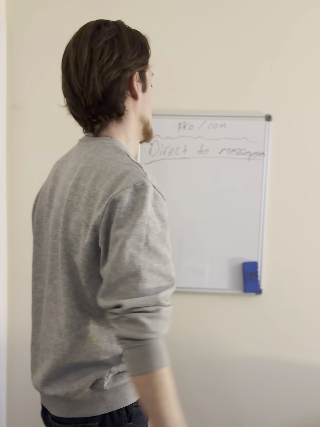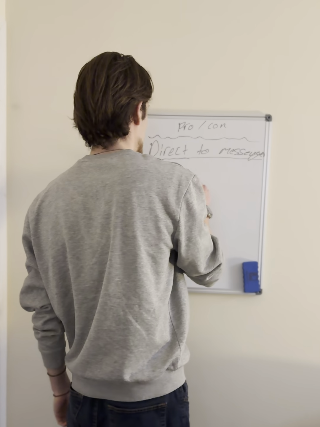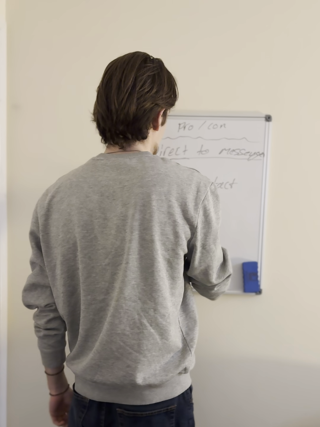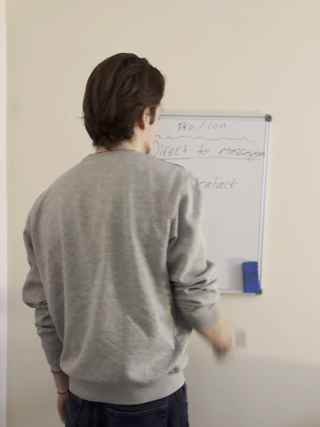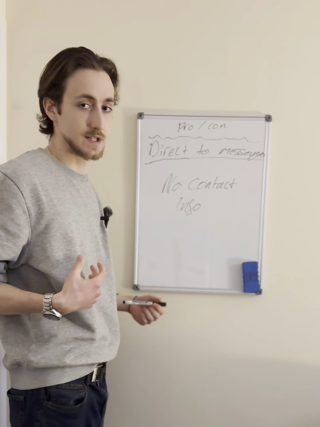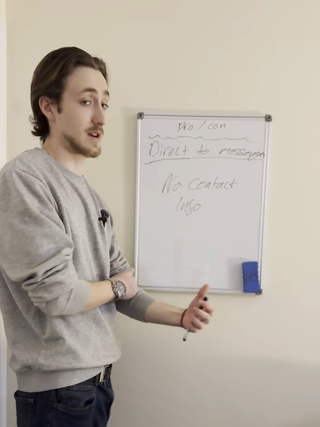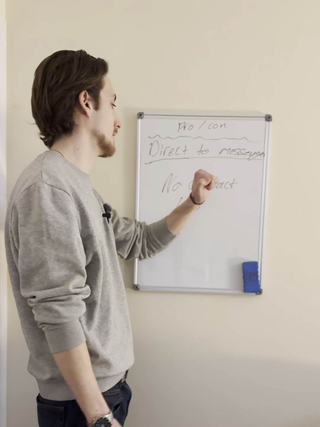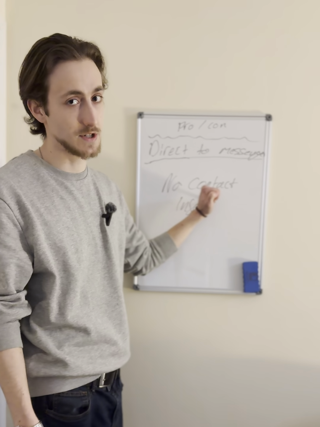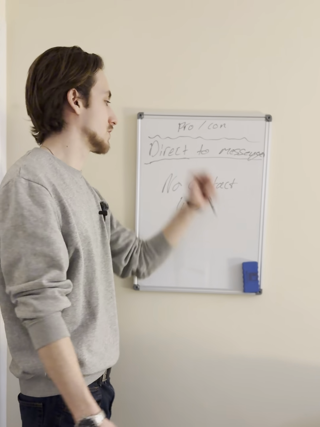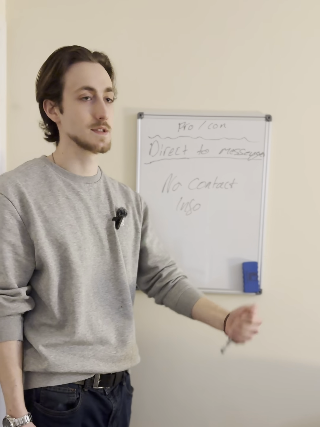As well, no contact information. The reason why we as an agency owner, people like myself, have CRMs and things like that is so we can get contact information and send them text messages and emails and things like that to further increase conversion rates.